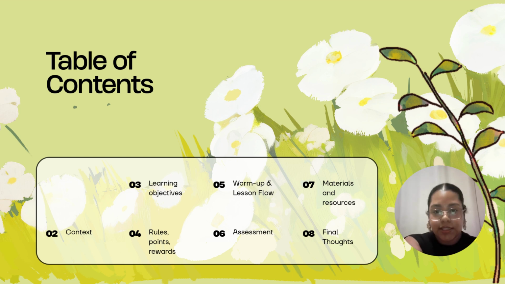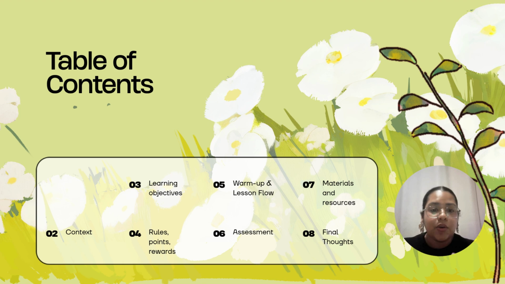Our table of contents: we're going to briefly explain the contents of the lesson plan. We're going to dive into the learning objectives that were taken into account when creating this lesson plan. Then we're going to simplify the rules, points, and rewards of this gamified lesson plan, which are very important since that's the main methodology that is going to be used.